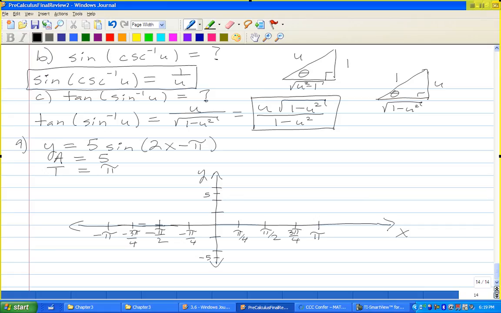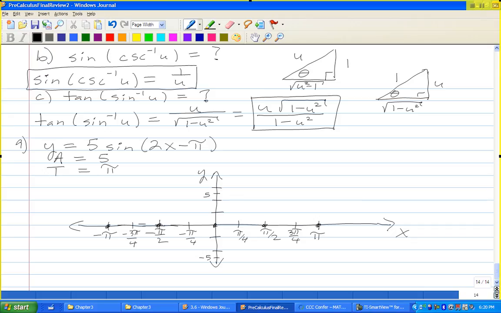So at 0, it's 0 at multiples of pi over 2. At pi over 4, let's do 3 pi over 4.